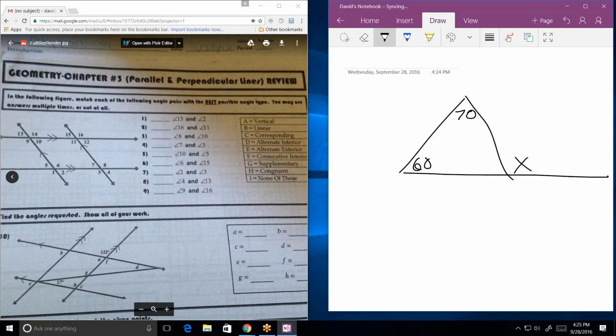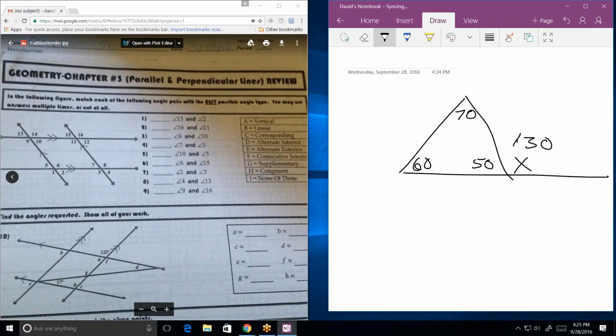It's an exterior angle, and exterior angles are always equal to the sum of the two angles of the triangle that it is not supplementary to. In other words, X and Y are supplementary, but I know that Y has to be 180 minus 130, so Y has to be 50, which means X has to be 130, which is the sum of the other two angles.